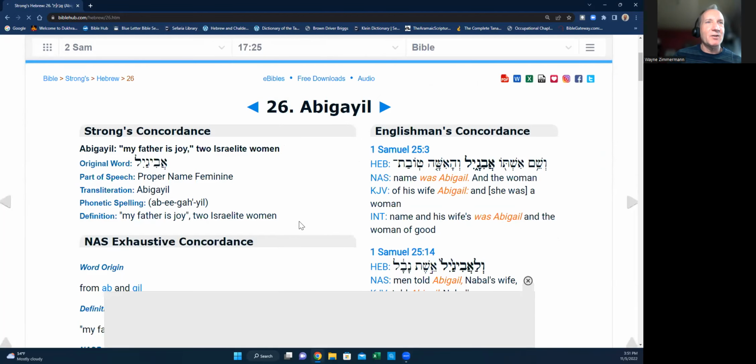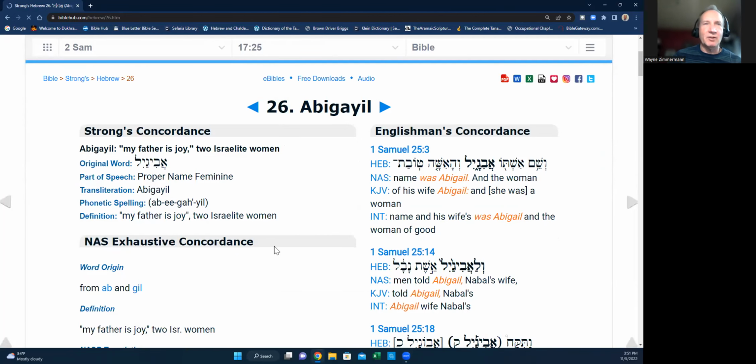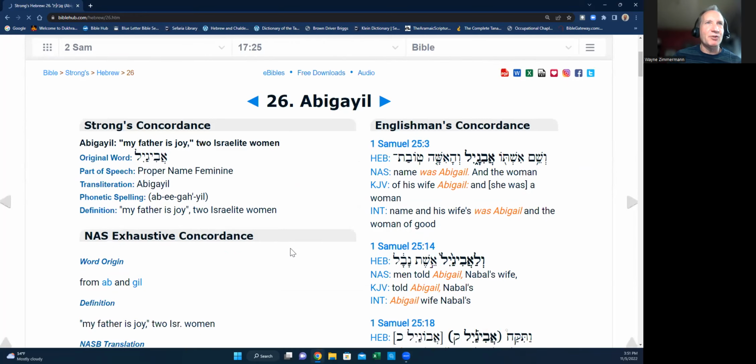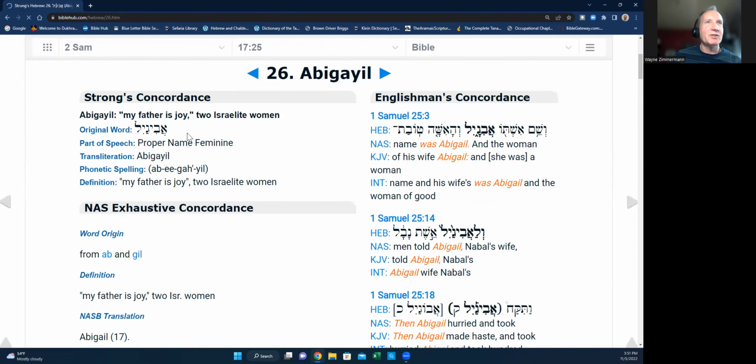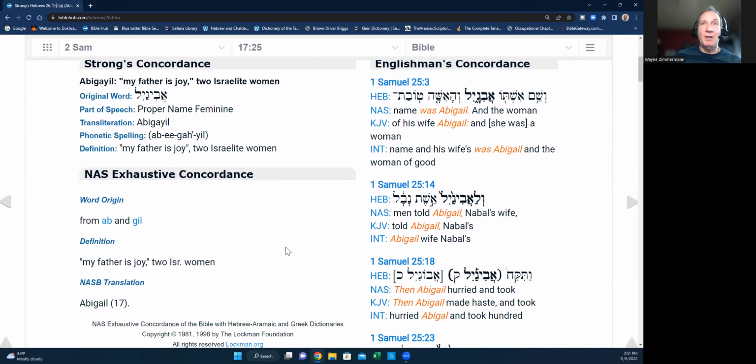I believe we may have looked at this earlier, that it really means joy of my father. It's a compound word. The Aleph and the Beit is the word for father, or Av, and Yagil is joy. Only two women are named this in the entire scriptures.